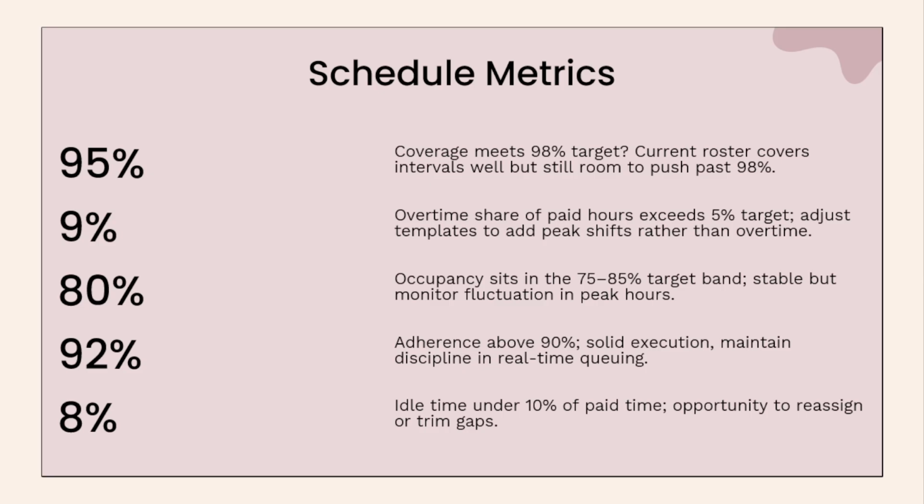Idle time means when an agent is logged in and ready to take calls, but there are no calls coming. He is available because we have plotted more agents on those intervals. Suppose we were expecting 30 calls. To take 30 calls, only 7 people are required, but we have plotted 12 agents. So most of my agents will be sitting idle.